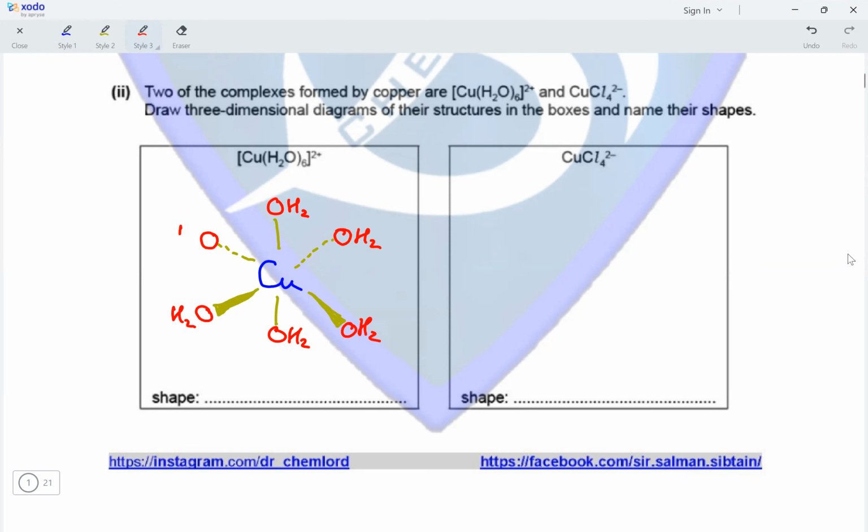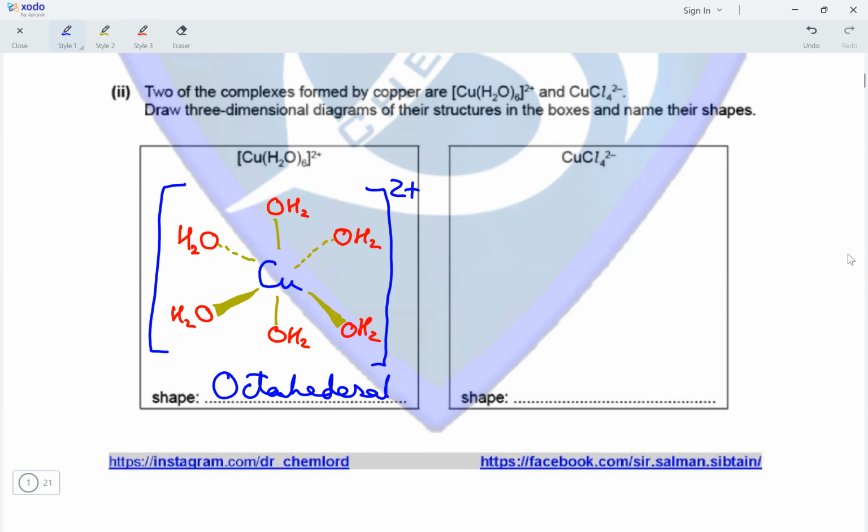In order to complete the complex, we make the square bracket and put 2+ as the charge of the complex ion. The shape of this ion is octahedral.